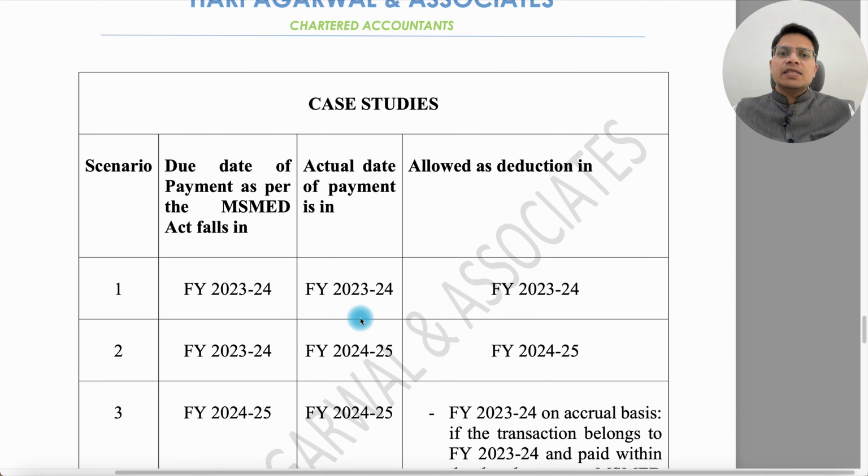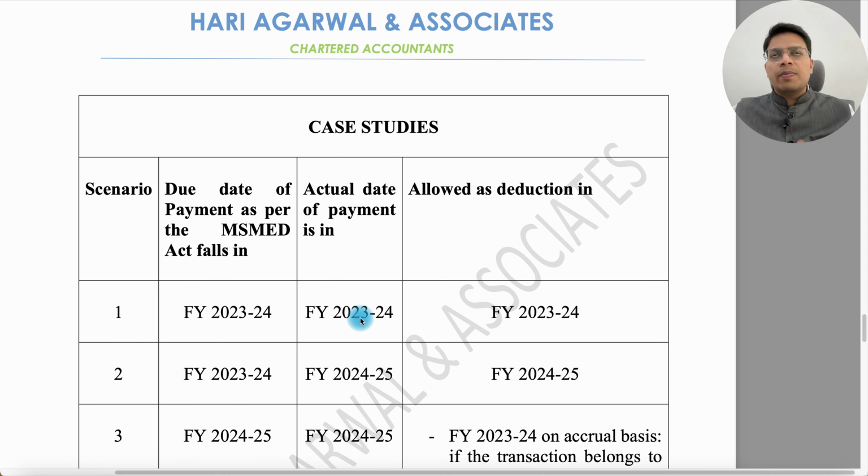So as a businessman, what you have to do is identify the category of your suppliers. These provisions are not applicable to all the suppliers. These provisions are applicable to a specified category of suppliers.